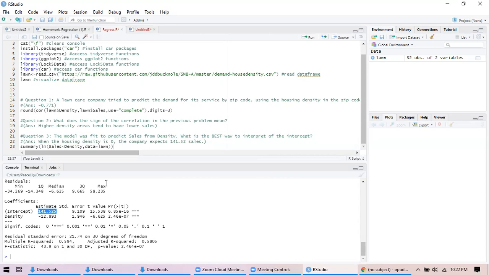Okay, I'll explain it. Do you remember the equation of the line, like y equals mx plus b? Yes. A regression line, a linear regression, is just a line, right? It gives you a line. The m is the slope of our line, and our slope is the next value, the negative 12.893.